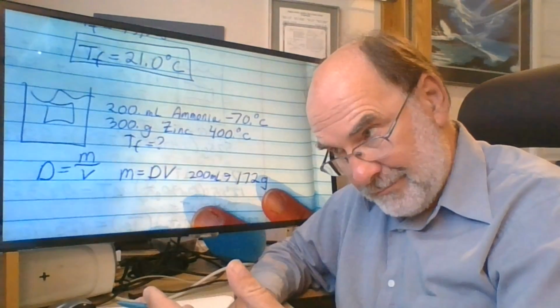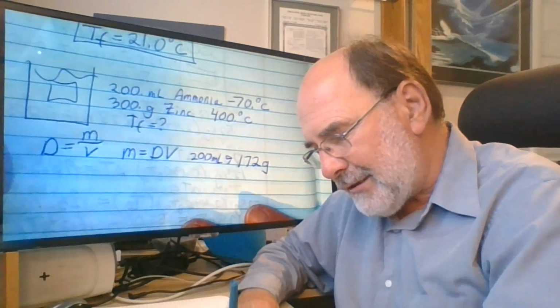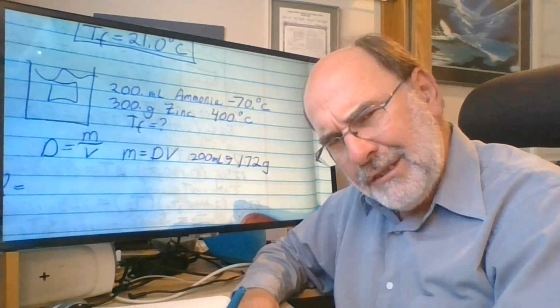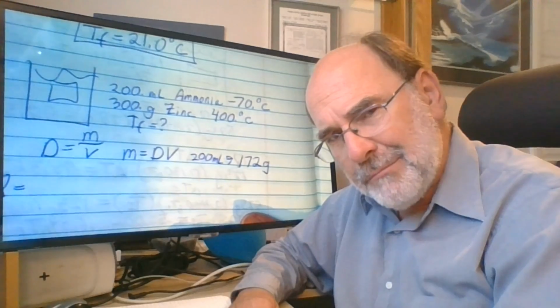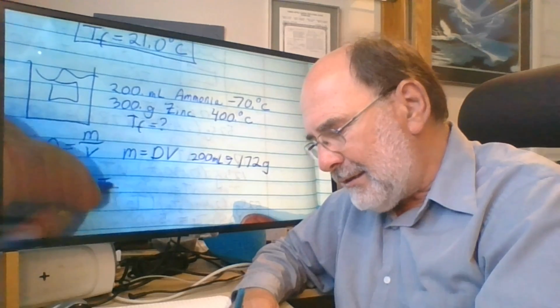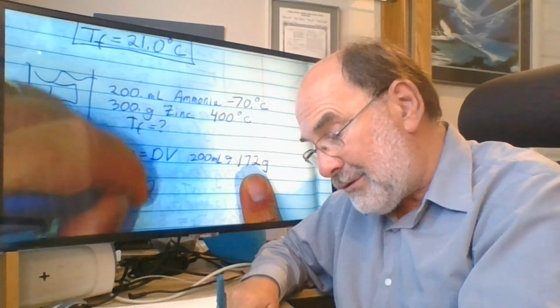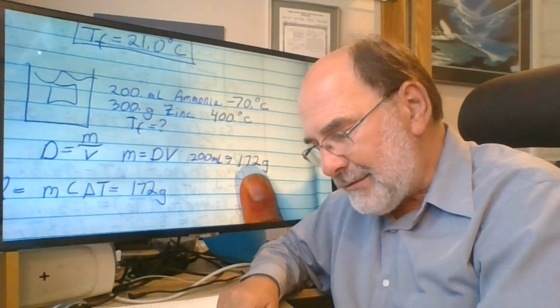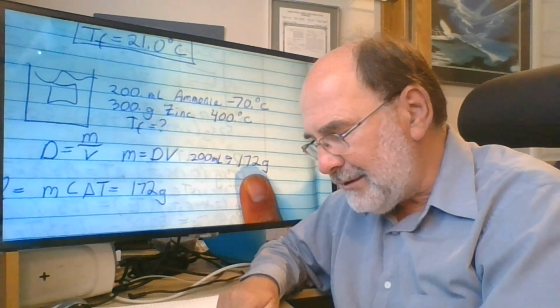So I'm going to just assume that and go calculate away and say, well, how much heat energy does it take to heat this much ammonia to its boiling point? Q equals mc delta T. In this case, the mass is 172 grams, because that's 200 milliliters at that density.